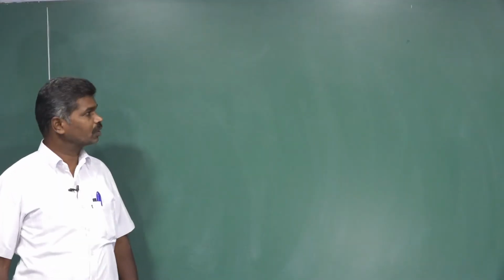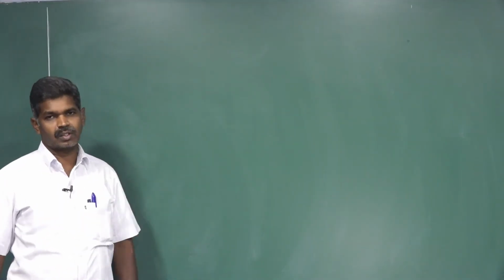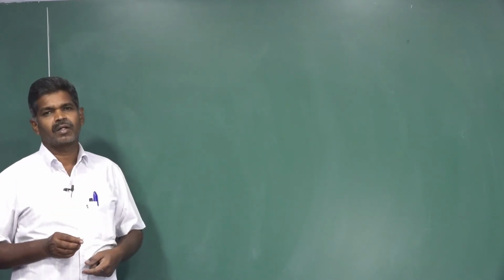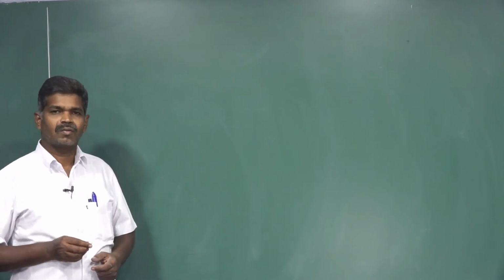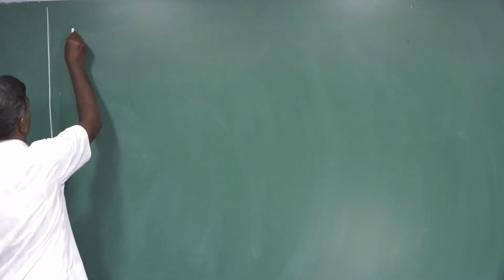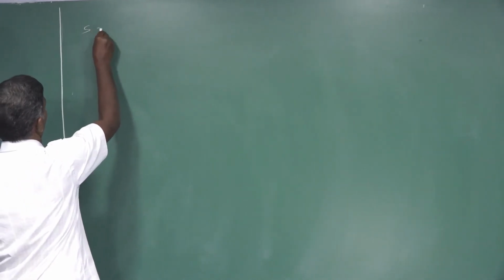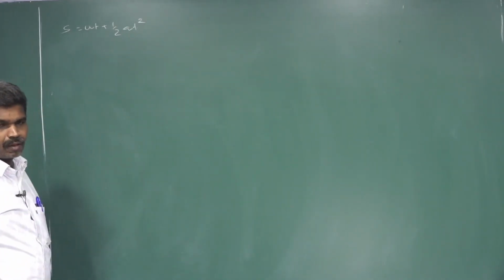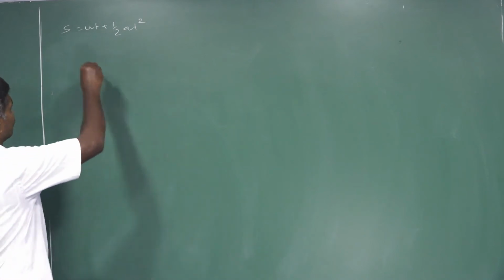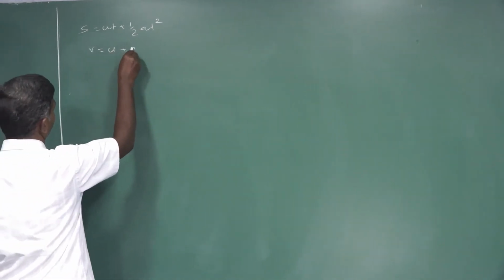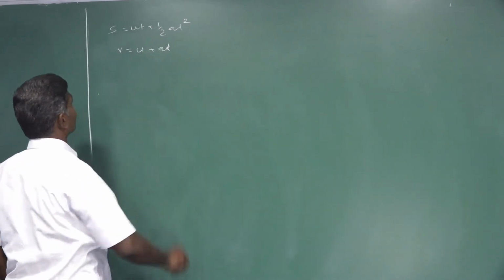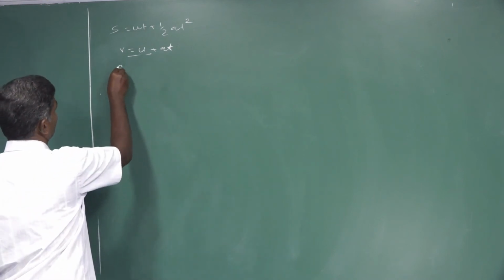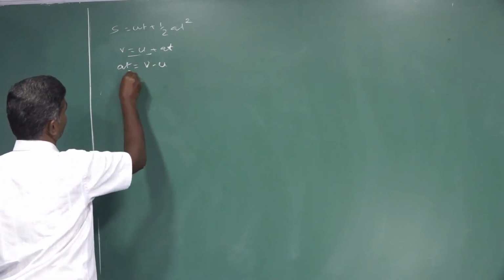Okay. Next we are going to see the fourth equation of motion. What is the fourth equation? It's very simple. We are going to relate displacement with initial and final velocity. So we know that s = ut + 1/2 at square. This is the second equation of motion. We know the first equation of motion, v = u + at. Rearranging this equation, at = v minus u.